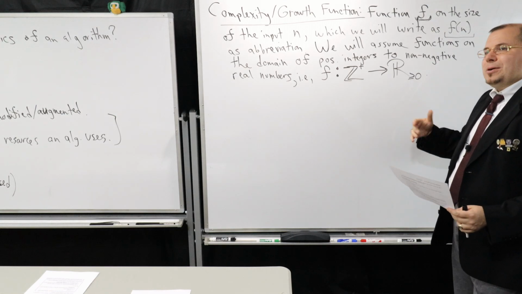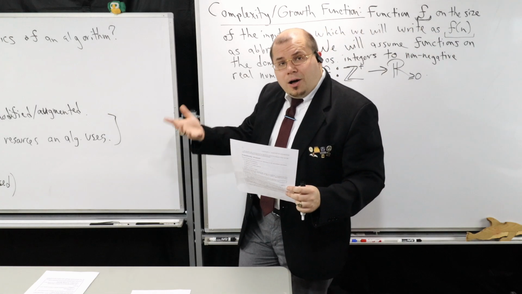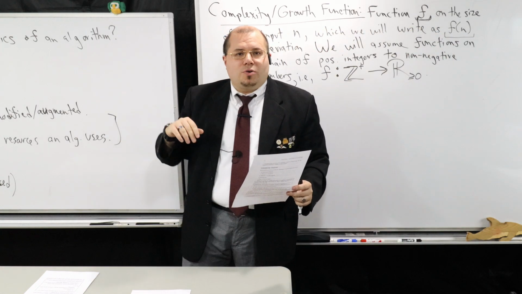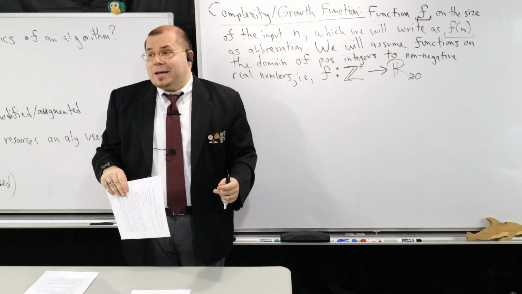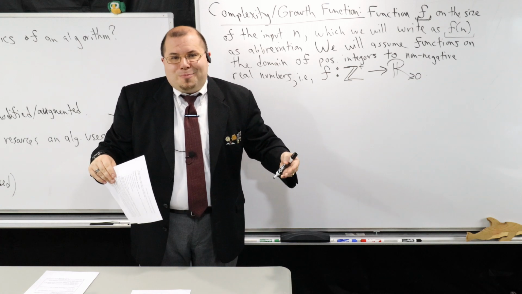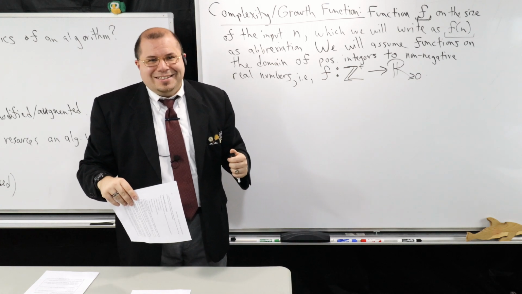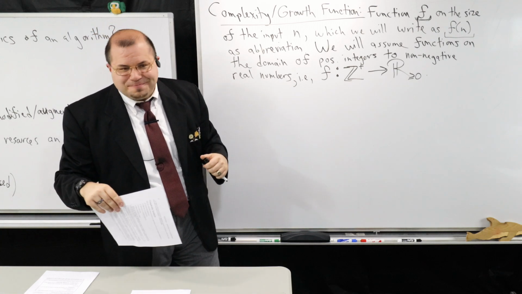So when I'm talking about these functions, we're going to be measuring the complexity of our algorithms, and we're going to be counting up the number of operations that occur. The only program that could ever spit out a 0 at you would be a program with no instructions, meaning it has no operations. It's an empty program.